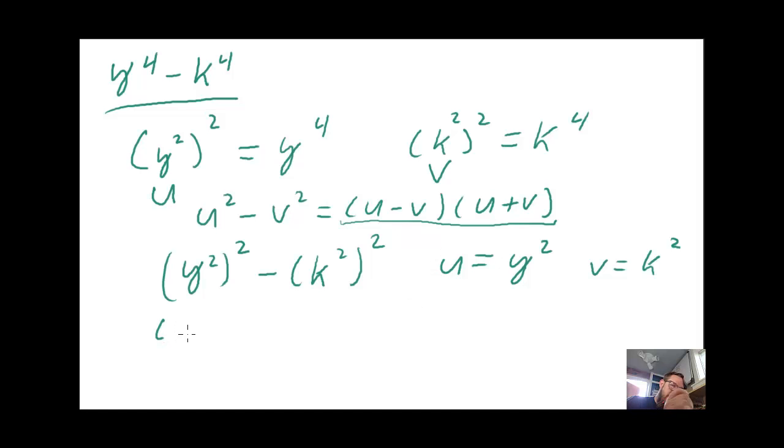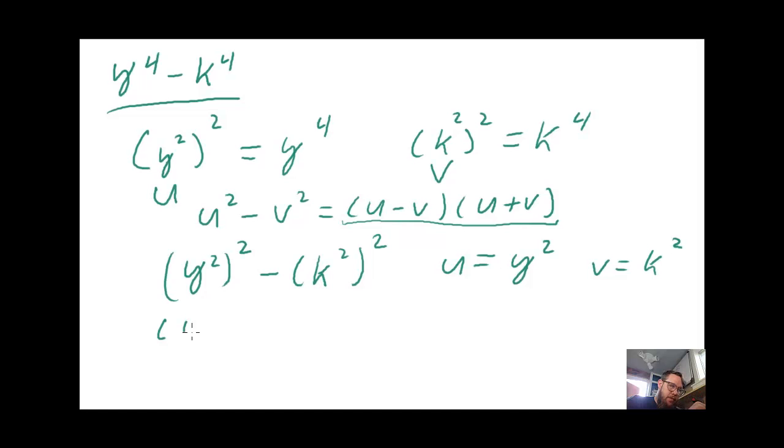So here we said u was y squared minus v, which was k squared, times u, which is y squared again, plus k squared. Right? So now we've factored it for the first time.